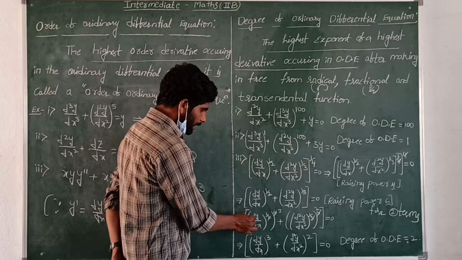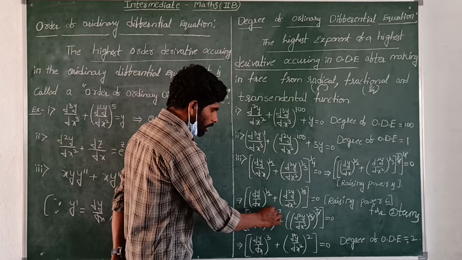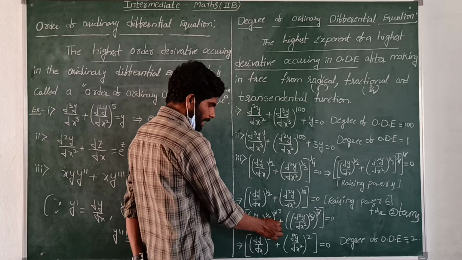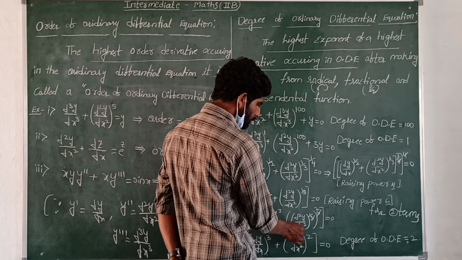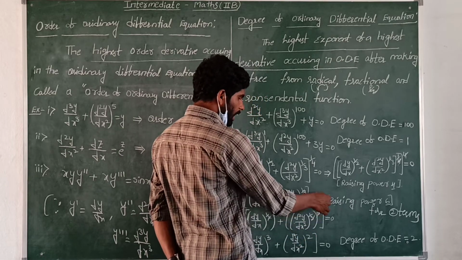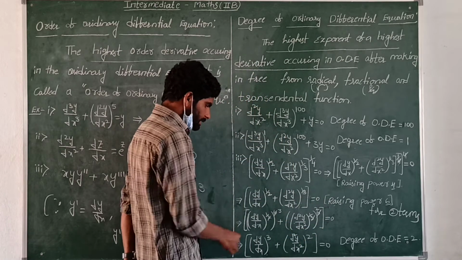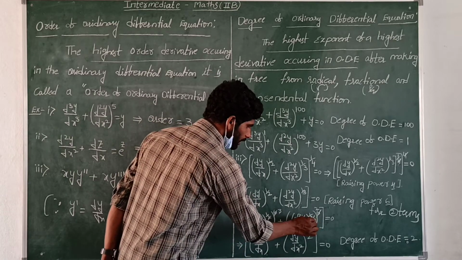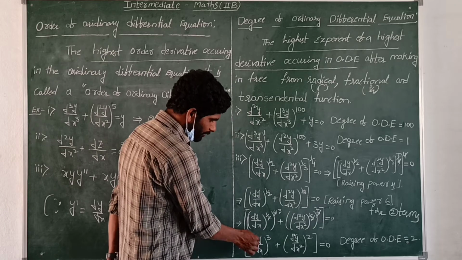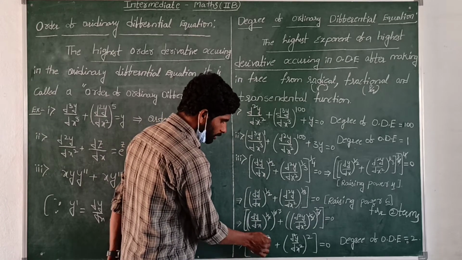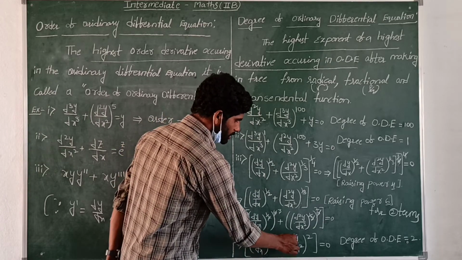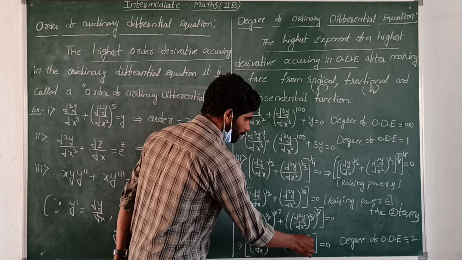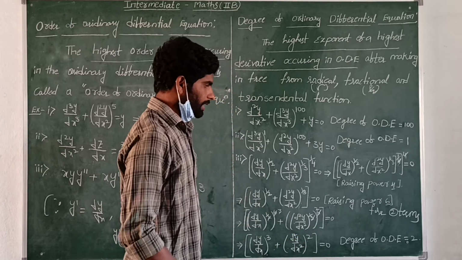So dy by dx whole to the power of 1 by 2 whole to the power of 6 plus d square y by dx square whole to the power of 1 by 3 again whole to the power of 6. Here 2 times 3 ones are 3, and 3 times 2 ones are 2. After these steps: dy by dx whole to the power of 3 plus d square y by dx square whole to the power of 2 is equal to 0.